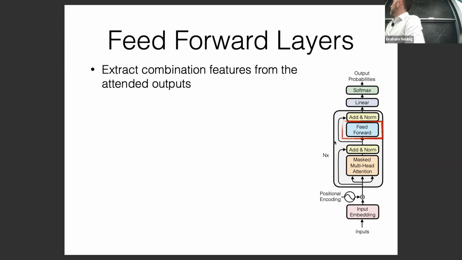So next is feed forward layers. The feed forward layers extract combination features from the attended output. Basically, the feed forward network is applied independently to each vector in the sequence. If we have our vector, we apply weight 1 and B1, weight 2 and B2.